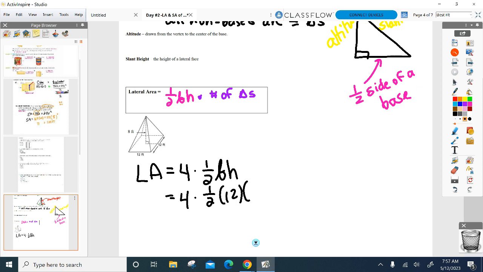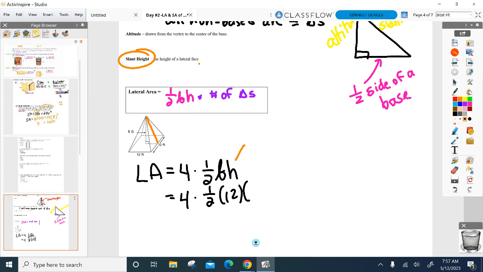Now, we've got to be careful here. I'm not going to plug in 8 here. I'm looking for the height on one of the faces, which is also known as the slant height. Do you see the right triangle we've been talking about? Help me find that slant height now.